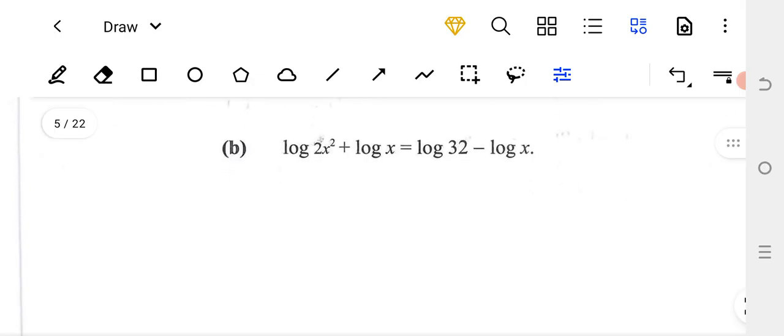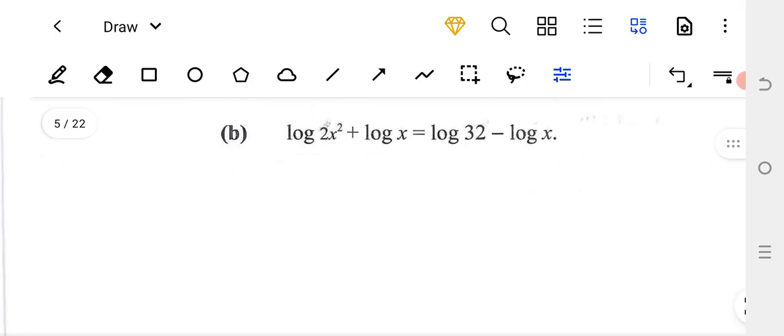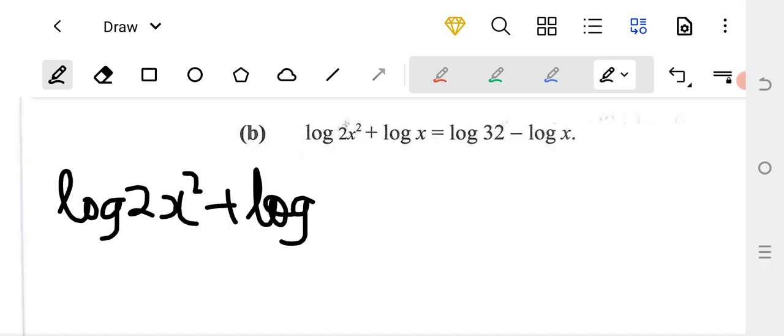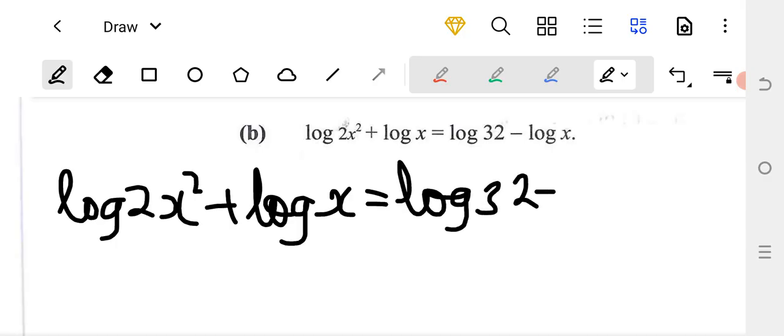So the first step that you always do is you write the logarithmic equation in your own ink. So it's going to become log 2x squared plus log x is equal to log of 32 minus log of x.